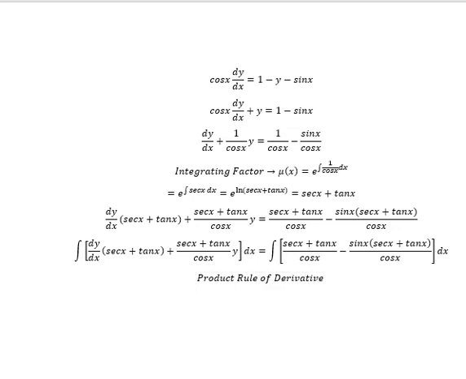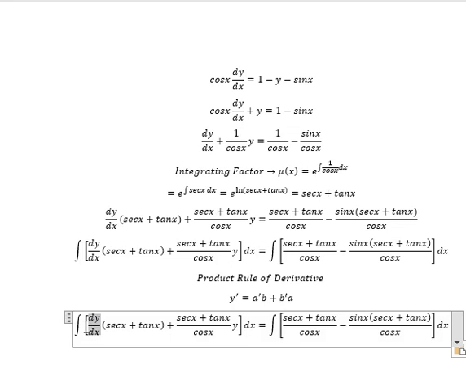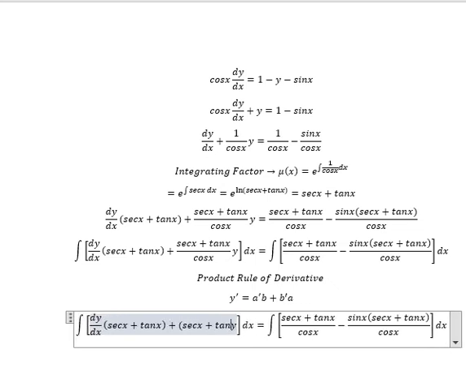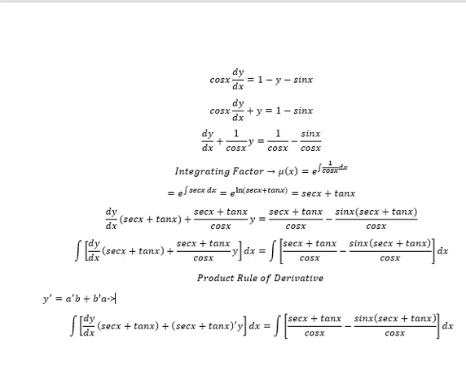So we have the first derivative of y equals the first derivative of a multiplied by b plus the first derivative of b multiplied by a. So if we look carefully at this one, we have the first derivative of a multiplied by b, and this one is the first derivative of b multiplied by a.